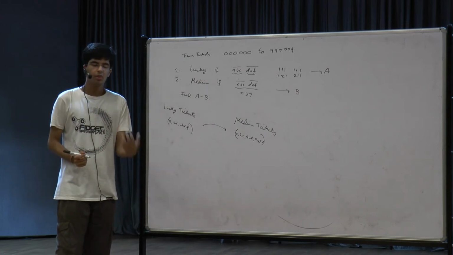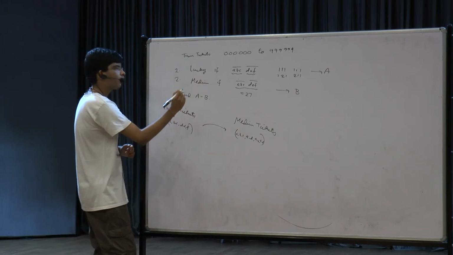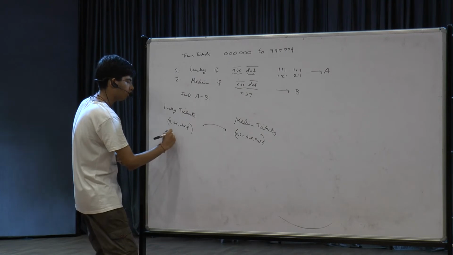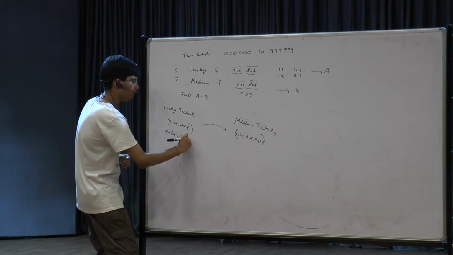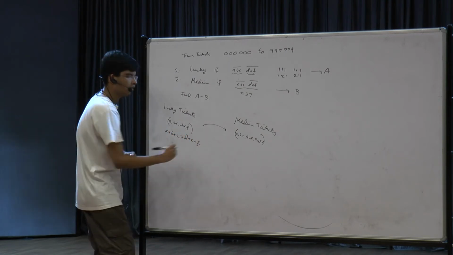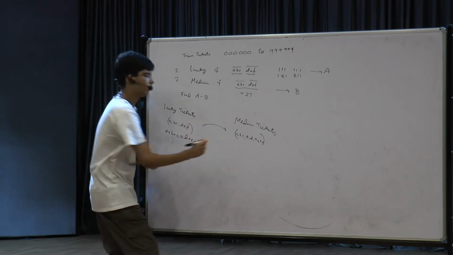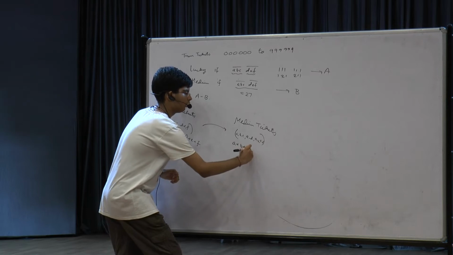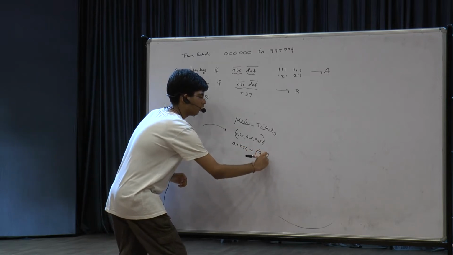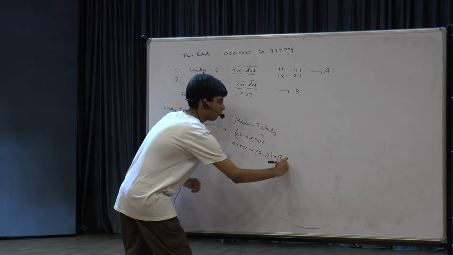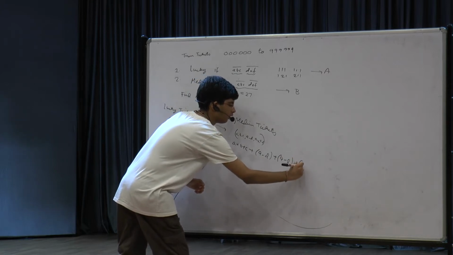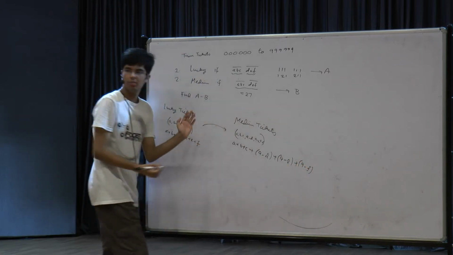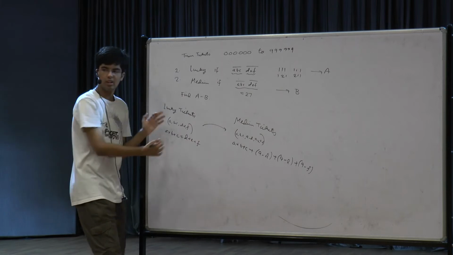So what we notice here is that for lucky tickets, A plus B plus C equals D plus E plus F. But here, if we add all digits, it's A plus B plus C plus 9 minus D plus 9 minus E plus 9 minus F. So minus D plus E plus F and A plus B plus C cancel out.